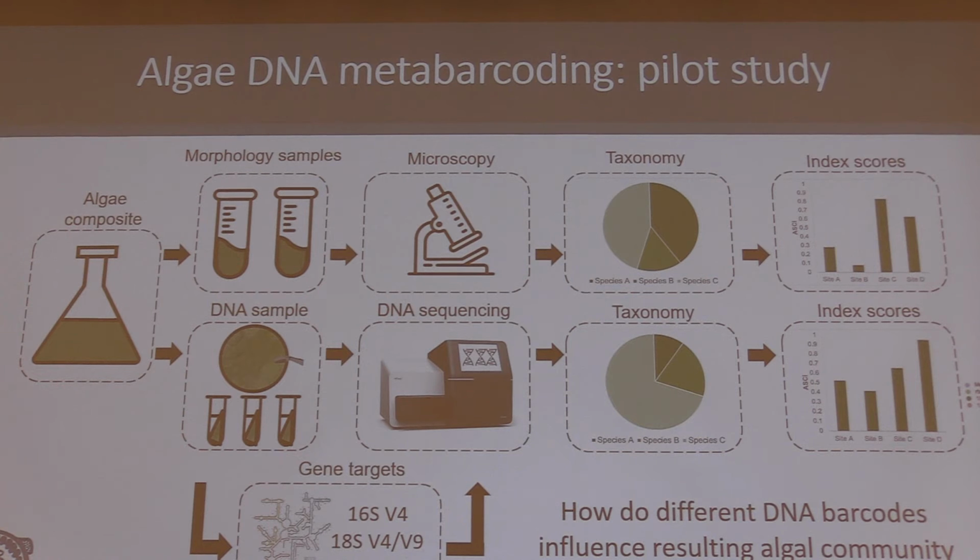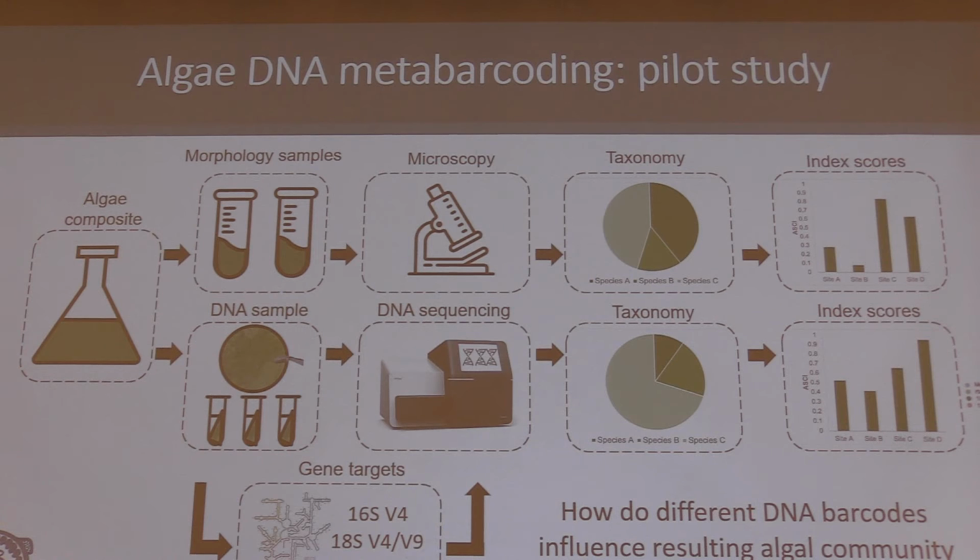In contrast, our DNA sample was extracted and processed, and then we sequenced it with a number of different DNA barcode primers targeting a number of different DNA barcode regions, which you can see listed here. The 16S gene we use for targeting bacteria and archaea, we have 18S genes that we use for targeting all eukaryotes, and then we have something called an rbcL gene that's very specific to diatoms only.